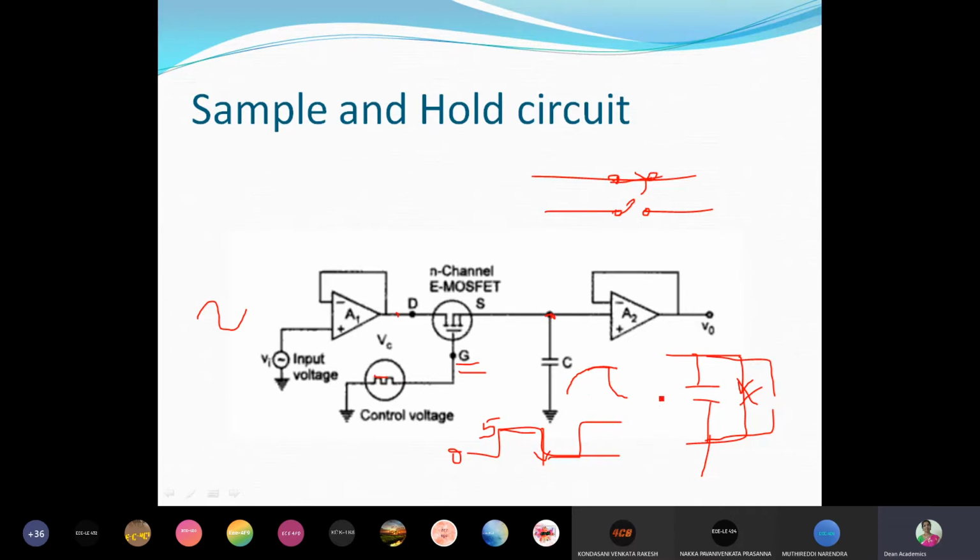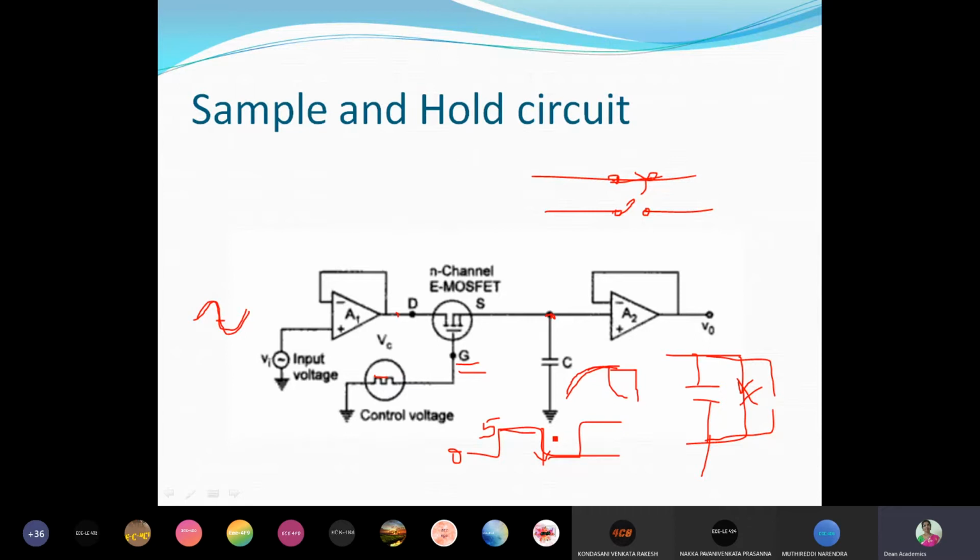Earlier the capacitor charged and that charge is retained, and now the input voltage is going to the negative half cycle. Therefore, the capacitor voltage will just be falling down, and by the time it reaches a certain value, the control voltage goes up again.